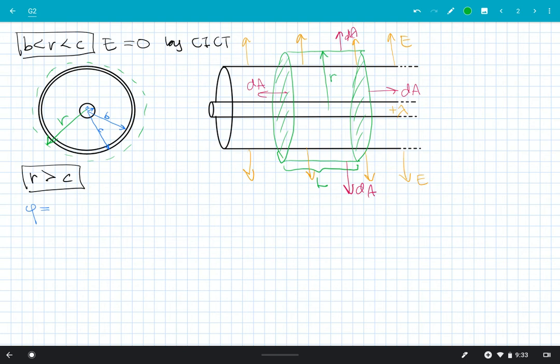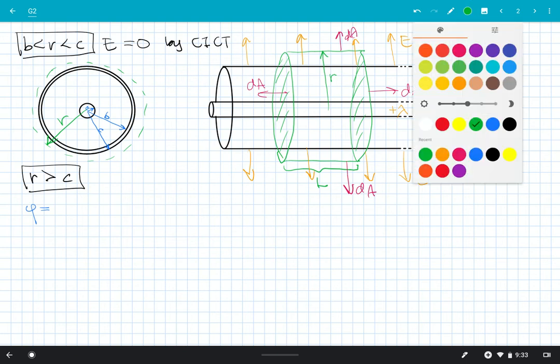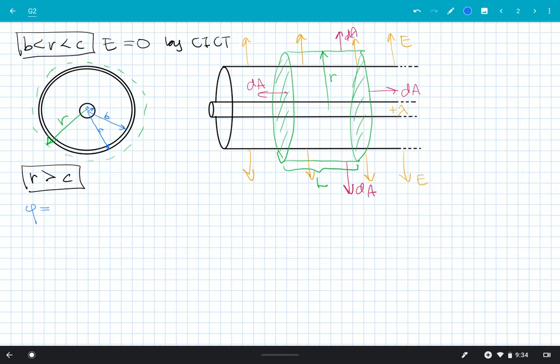So if I'm going to consider flux here, E dotting into dA again is just going to give us E times 2 pi RL. That's because 2 pi RL is the area of the curved surface. We don't include the pi r squareds of the end caps, because no E field flows through them.